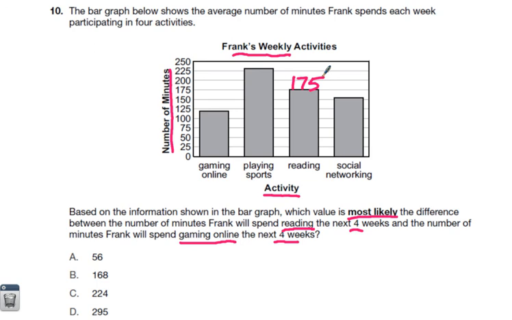And so we can predict that Frank is going to be spending roughly, this is why they said most likely, because who's to know for sure? This is like an average number. So sorry, not 7, it's 700. So that's a pretty good prediction of how many minutes Frank is going to be reading over the next 4 weeks.